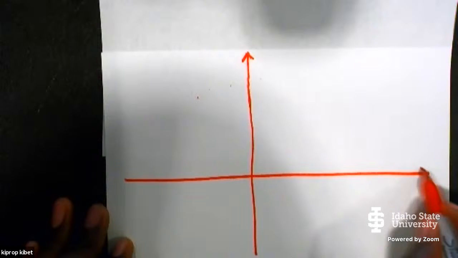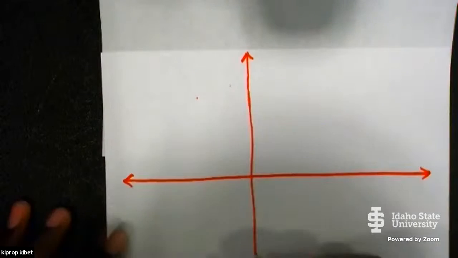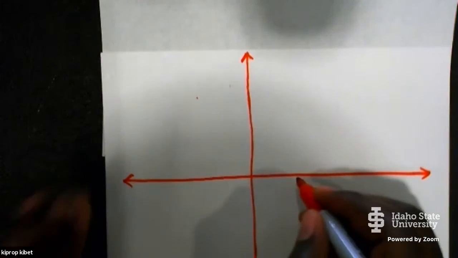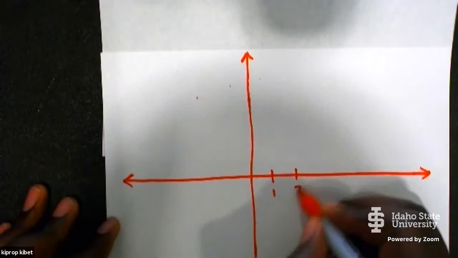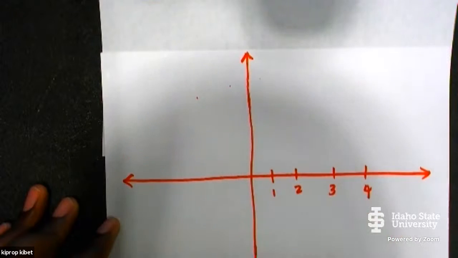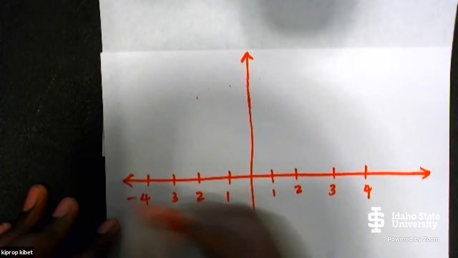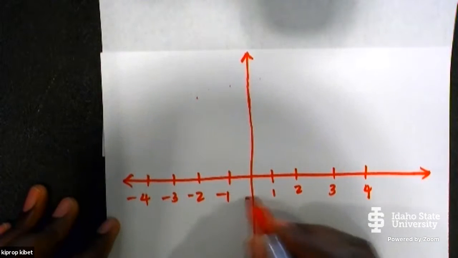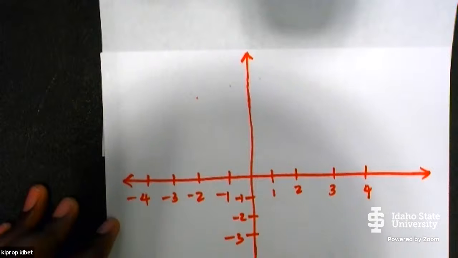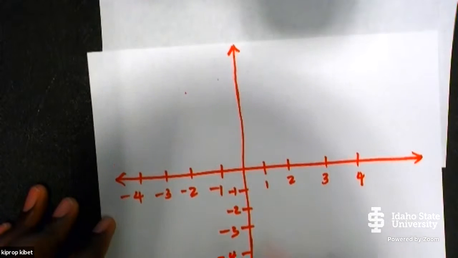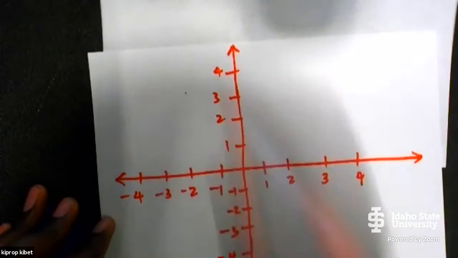This is not to scale, so long as it looks symmetric, okay? Because we're going to 4, let me put here 1, 2, 3, 4, then 1, 2, 3, 4. These are minus: minus 1, minus 2, minus 3, minus 4, minus 5.